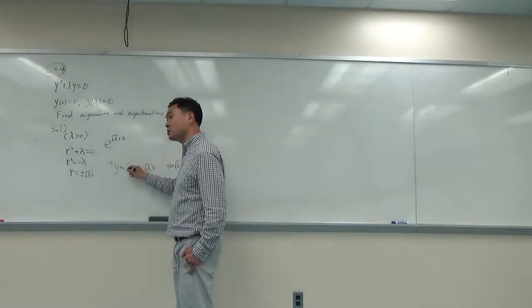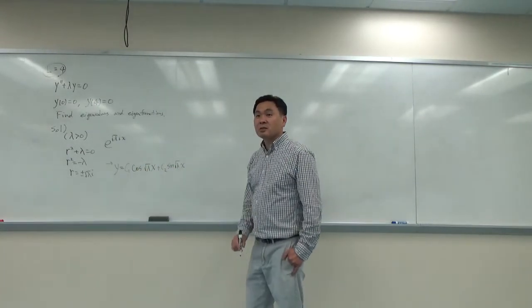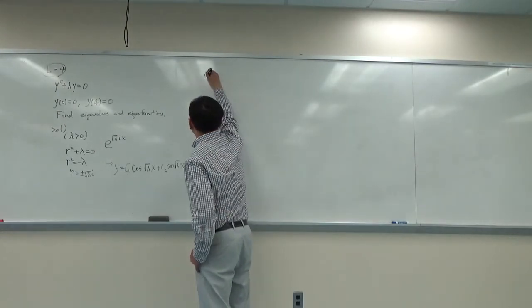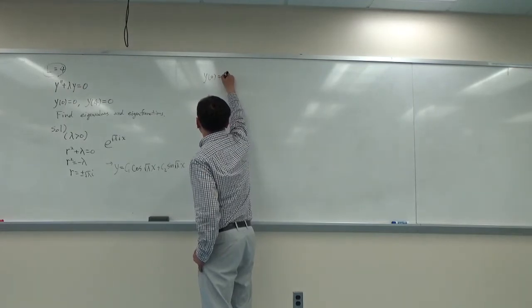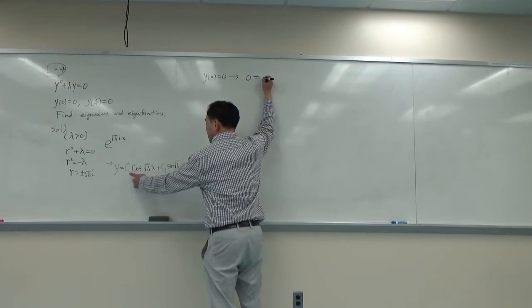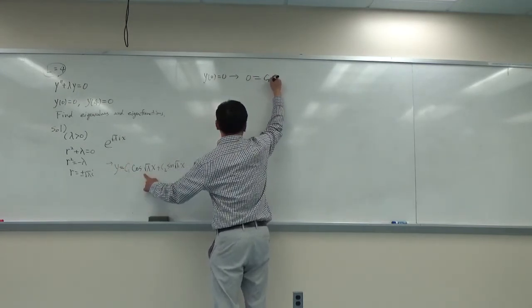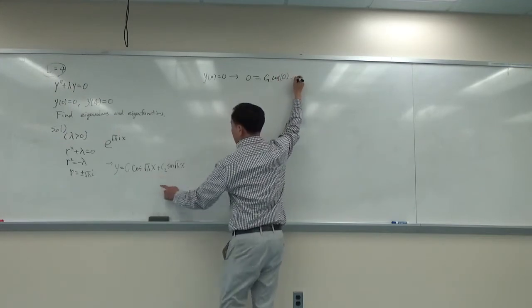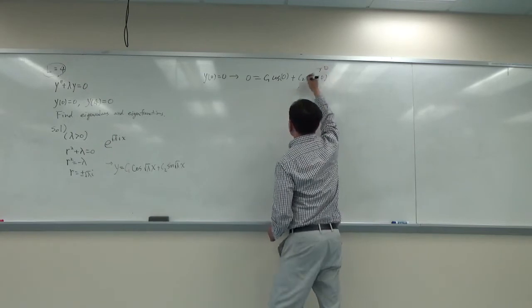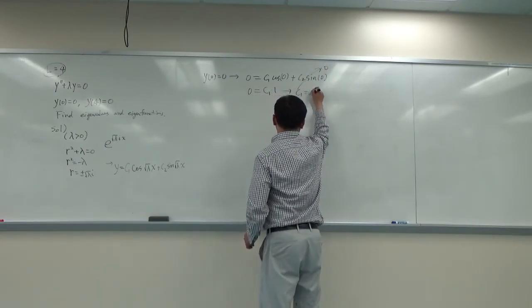So we put C1 here, C2 there. Now let's plug in y of 0 equal to 0. If you plug in 0 here, you get C1 cosine of 0 plus C2 sine of 0. That's 0, so you get 0 equals C1 times 1, giving you C1 as 0.